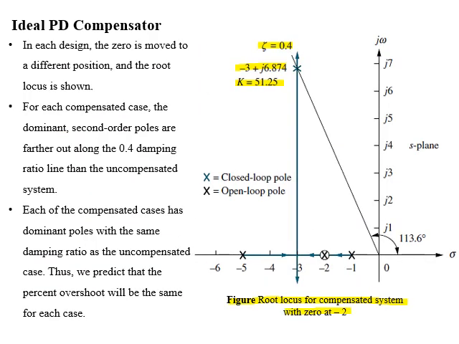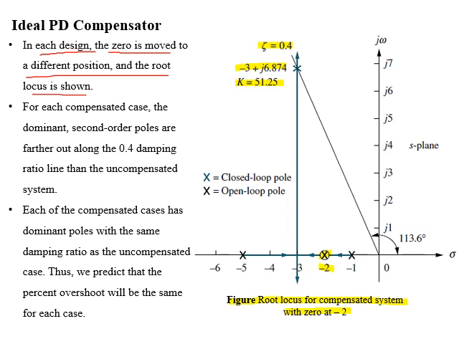Dear students, in each design of adding the 0 at various locations in the system, for each case root locus is shown. The figure represents compensated system with a 0 at -2. System already has a pole at -2 and this causes a pole 0 cancellation.